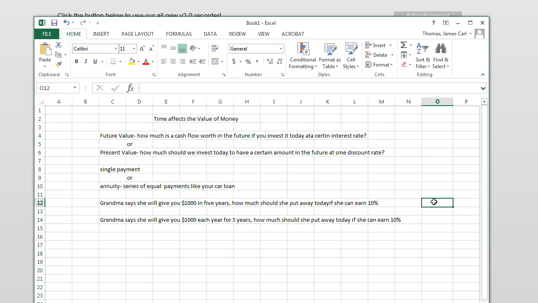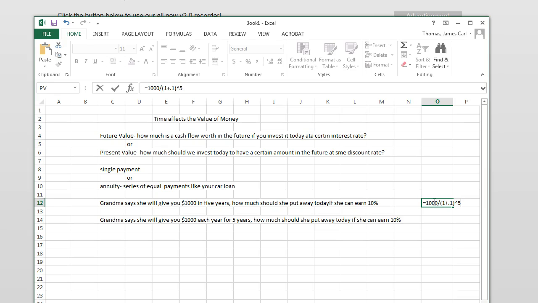We can look at this a number of ways. I'm just going to run a real quick equation and see if we can solve this. We're going to take the $1,000 in 5 years and divide it by 1 plus the interest rate, 10%, raised to the power of 5 years.